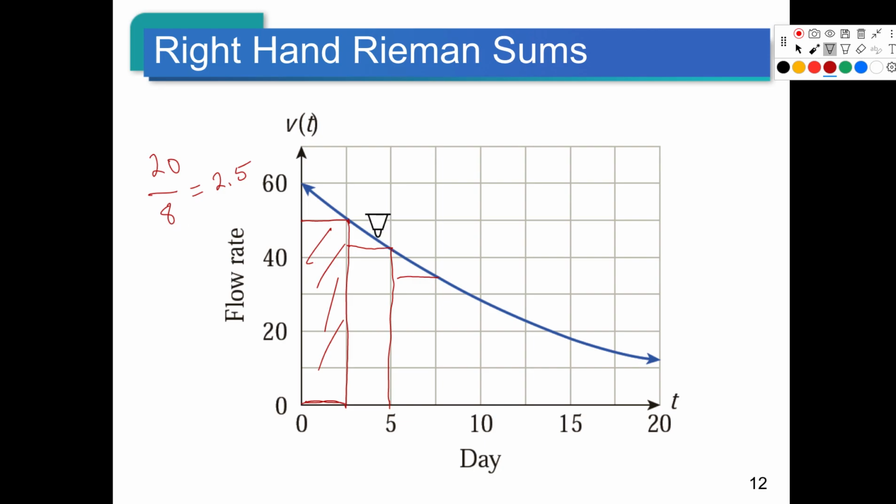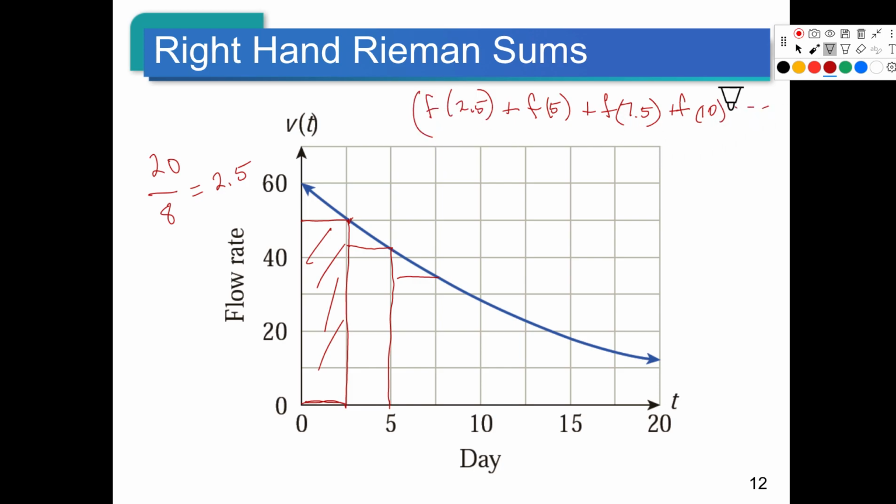And then again, what we're doing is we're just reading this function value. So the function value at 2.5 plus the function value at 5. And the nice thing is, since we do actually have that function, we could put it in our graphing calculator, look at the table of values, and come up with these pretty easily. And then we got f of 7.5 plus f of 10, and so forth.